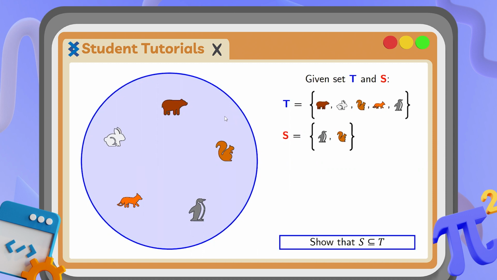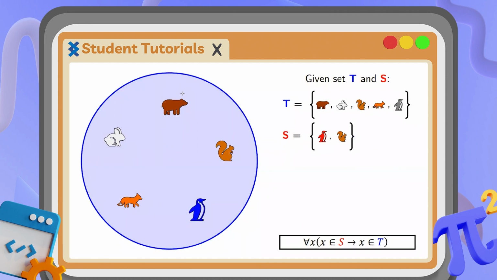So we need to show that S is a subset of T. Looking back at the definition again, it says that if X is in A, then X is in B. And what we're looking for is if X is in S, then that means X is also in T for all elements X.